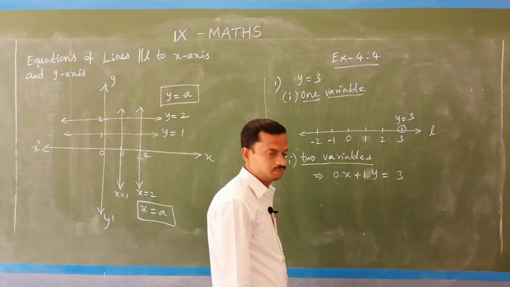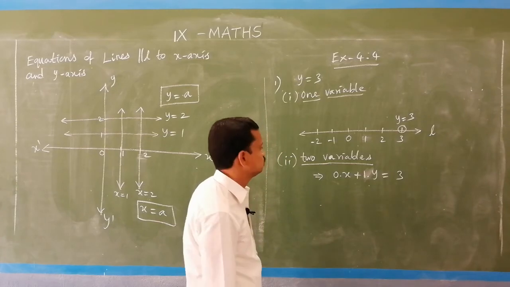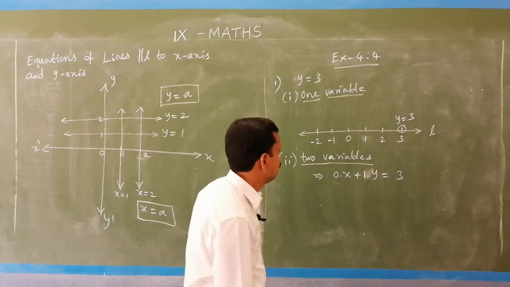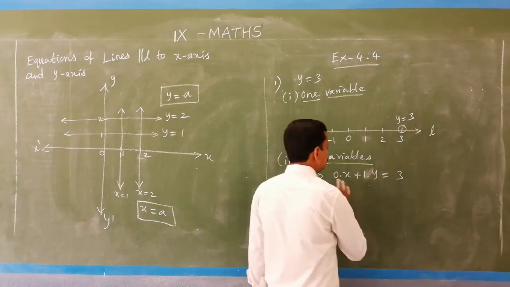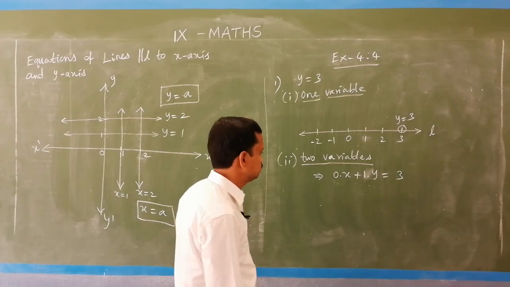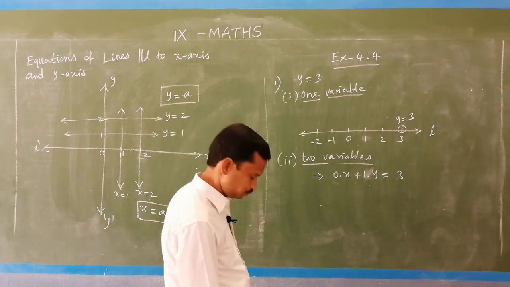So, 1 into y, and then right side 3. You can write the given equation y equal to 3 in this format, and now it is in two variables. The same y equal to 3 we represented in two variables, and geometrically you have to show it.